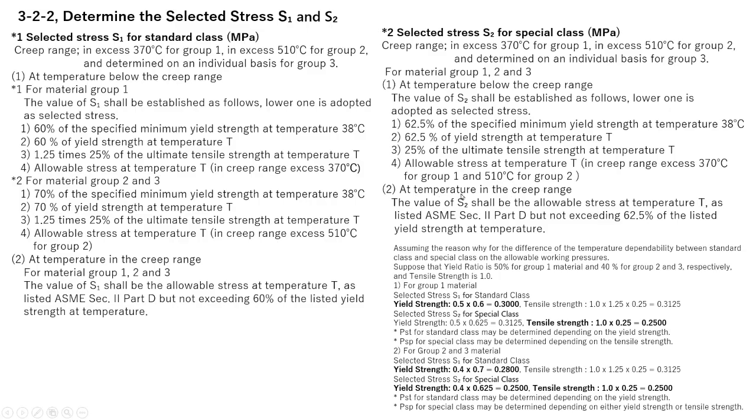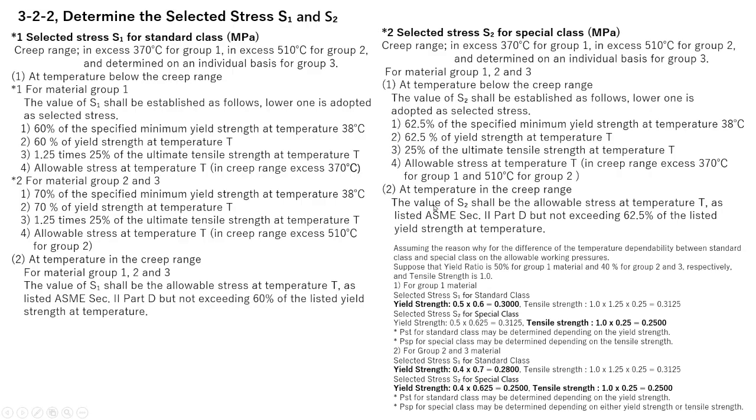At temperatures in the creep range, the value of S2 shall be the allowable stress at temperature T as listed in ASME Section 2 Part D, but not exceeding 62.5% of the listed yield strength at temperature.